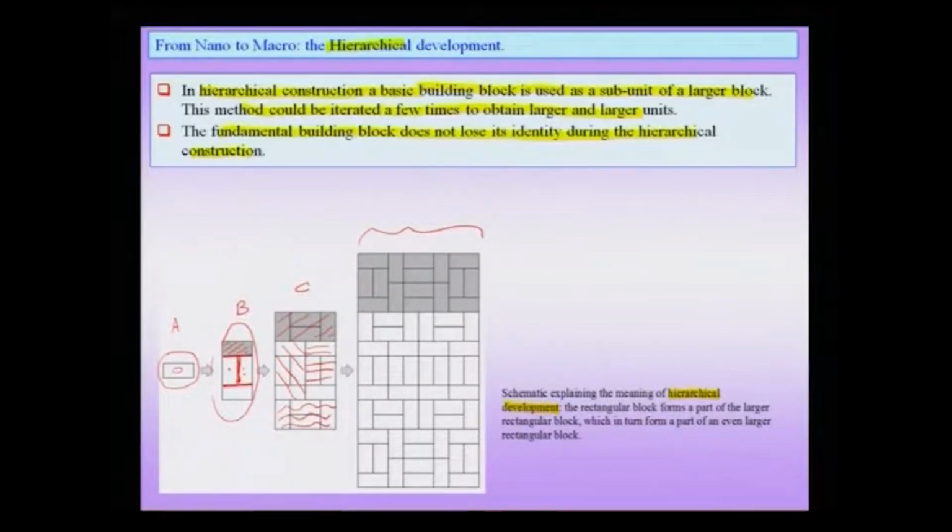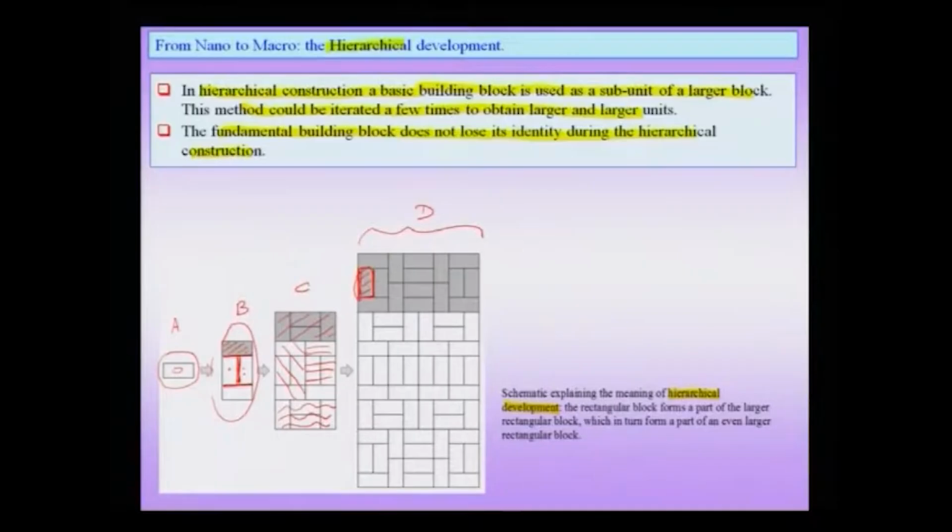At each stage you can see that I am using 4 of these blocks to construct a larger unit, and finally, you can see that stage D also involves putting many of these C blocks together, and therefore, I am obtaining larger and larger units, but at each stage there is a building block somewhere which is hidden, which is like the A block with which I started. And of course, as I pointed out, there could be interlayers which separate this individual building block from the other parts of the system.